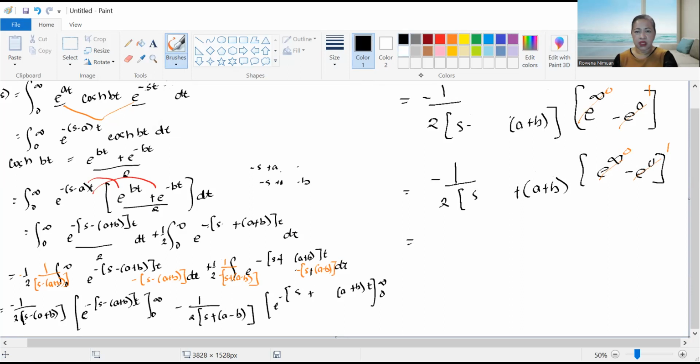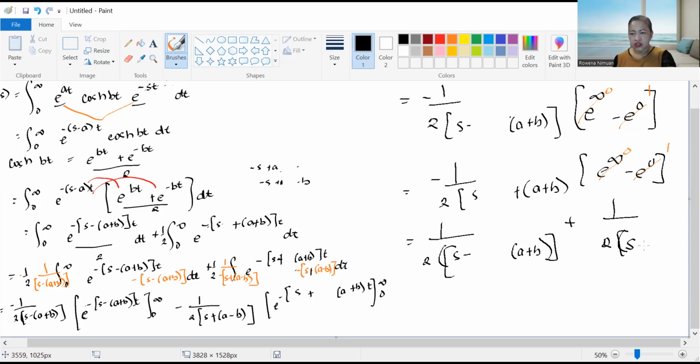So that will become positive 1 over 2, s minus a plus b, plus 1 over 2, s plus a plus b.